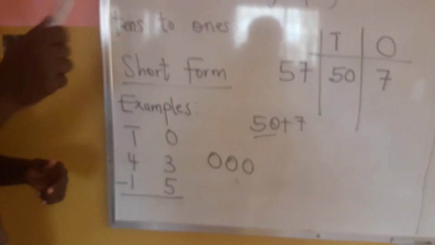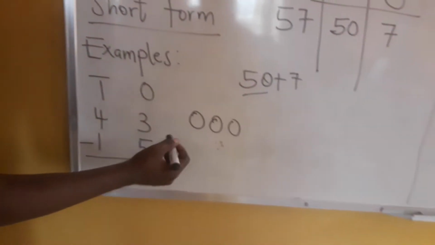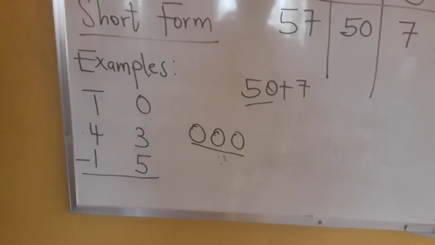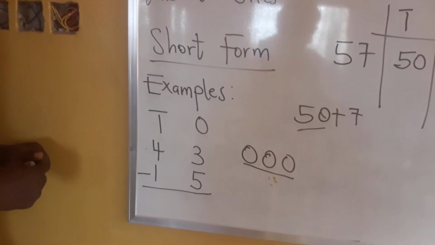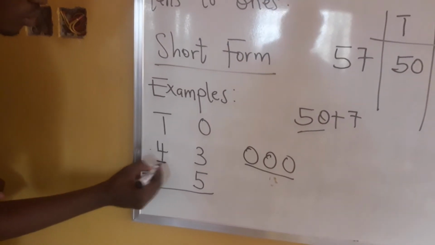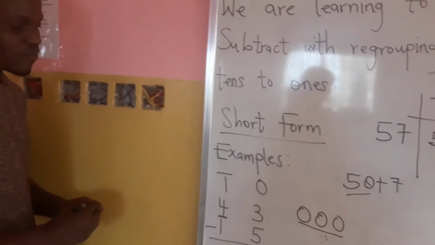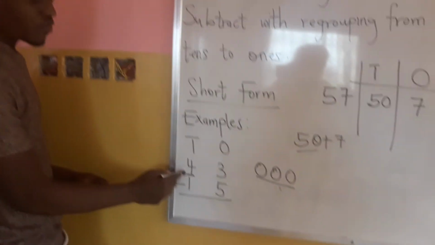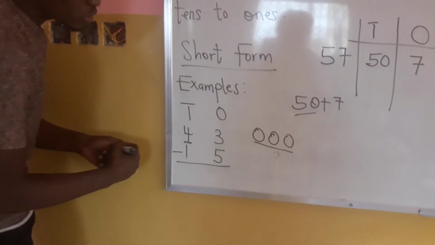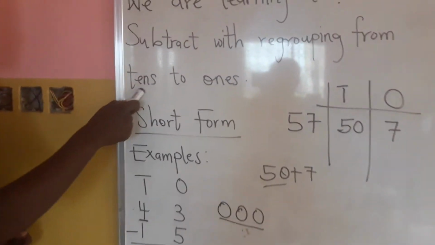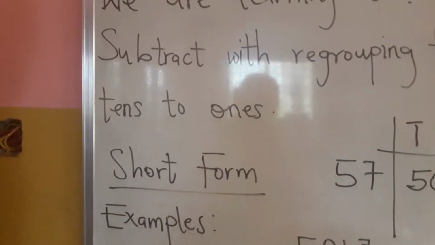How do you get 5 whilst you have only 3 apples? You went to your brother who had 4 and took some from him. Now we all know that we are subtracting from tens to ones. Don't forget.